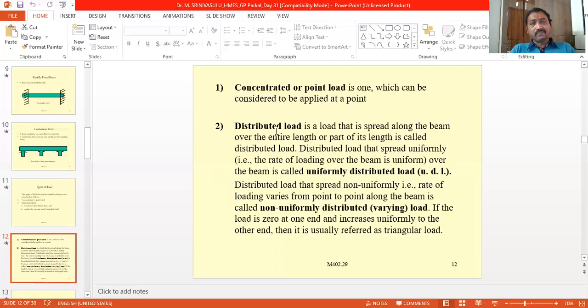Distributed means if the magnitude of the load is distributed throughout the length or throughout the area, then it is called the distributed load. In this case also two types.